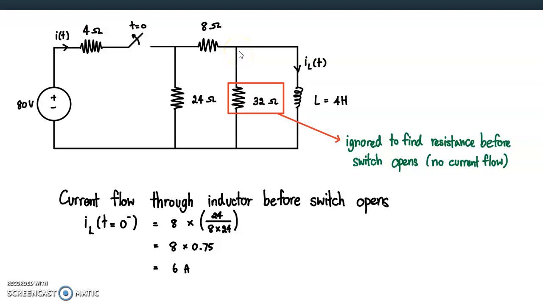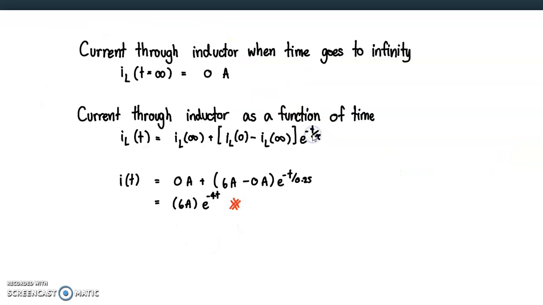Now we can calculate the current flow when time is more than 0, which is our main objective. The current through the inductor when the time goes to infinity, we know that it is 0 amp.